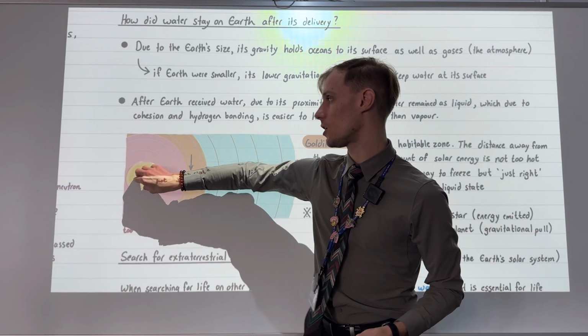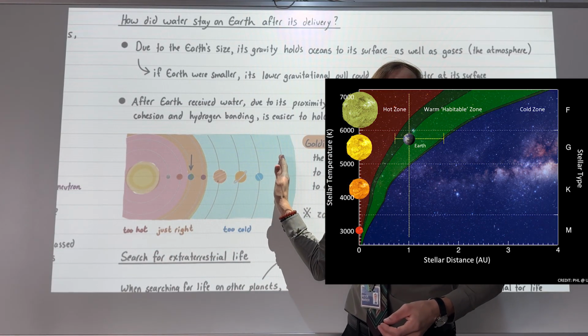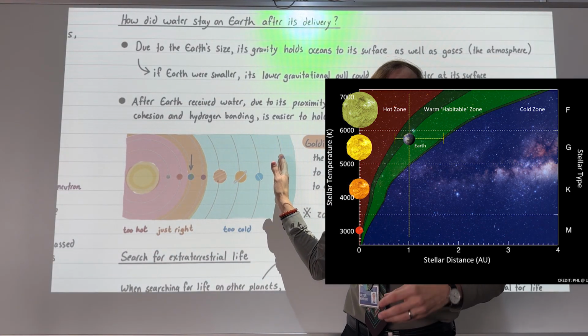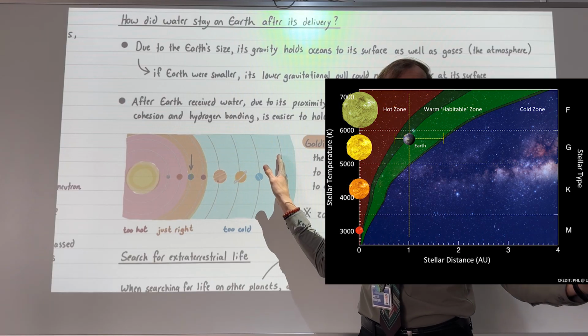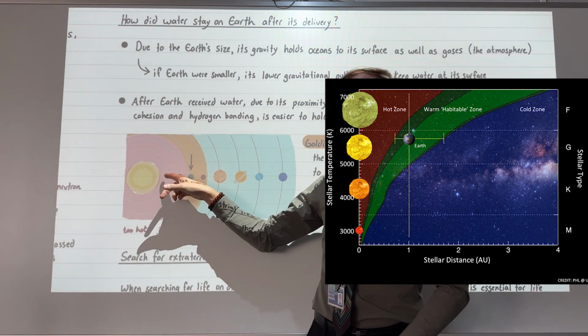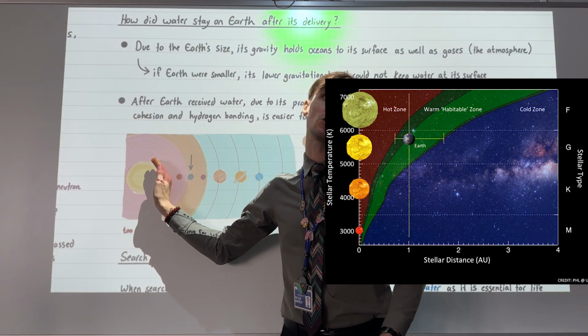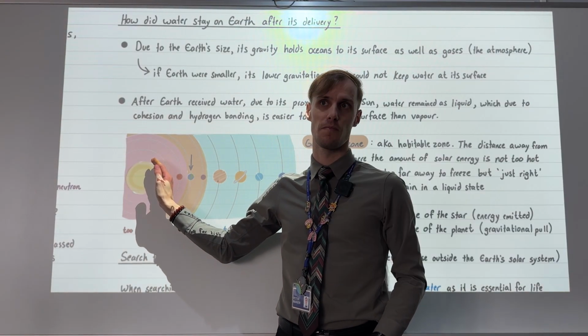If the star got larger, then the Goldilocks zone would have to be shifted further and further away because it's emitting so much more energy, and therefore the proximity would have to be further out. But if the star was smaller, it would have to be closer and closer to the star because it's emitting less energy.